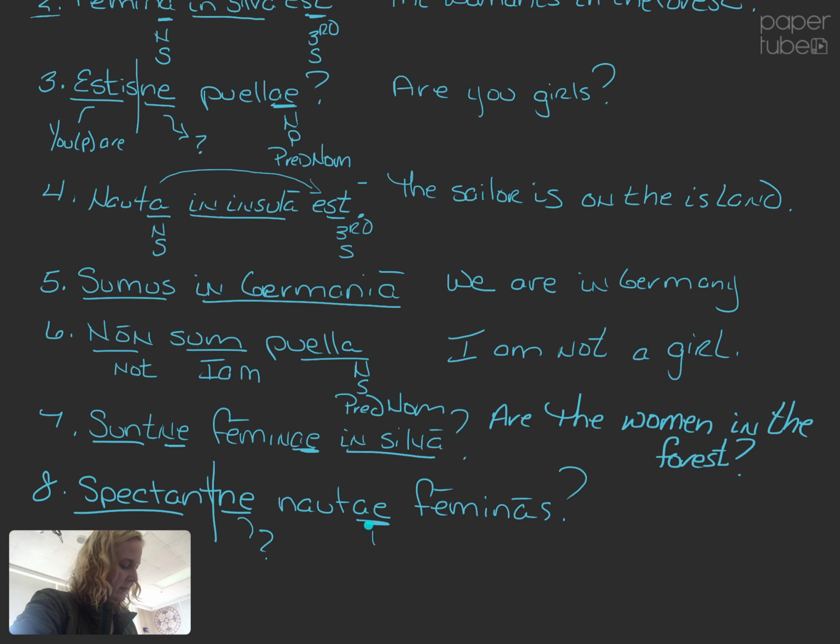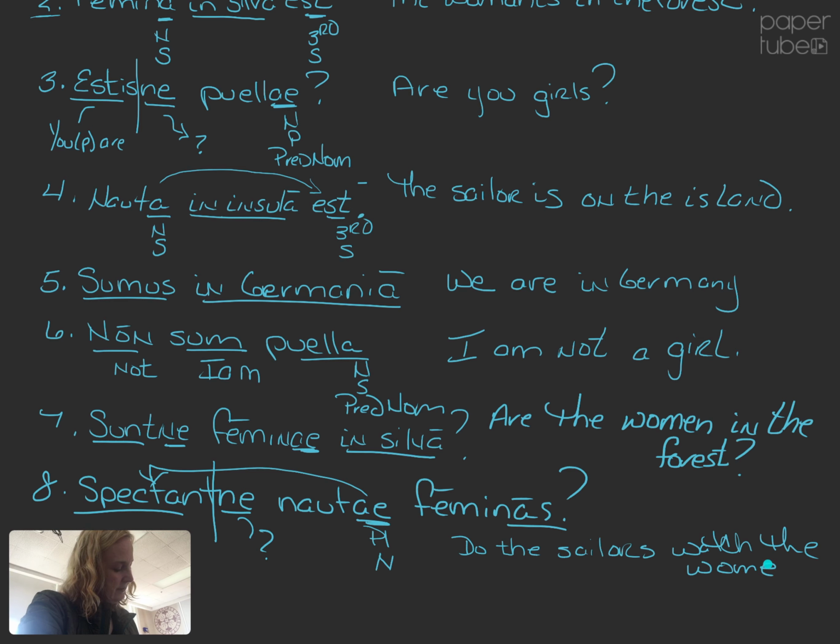Nautae can be the plural nominative subject of my verb and direct object. So here I have, do the sailors watch the women, because this is accusative plural direct object.